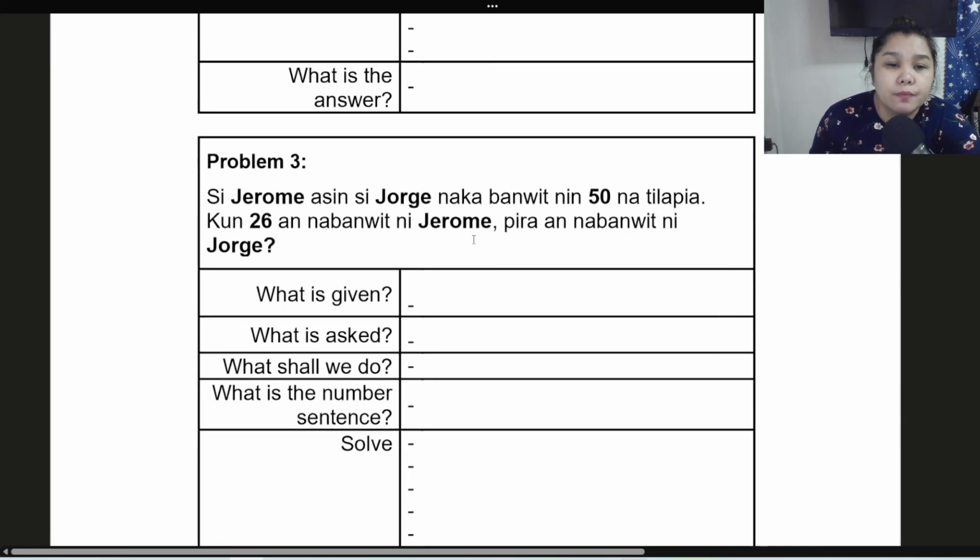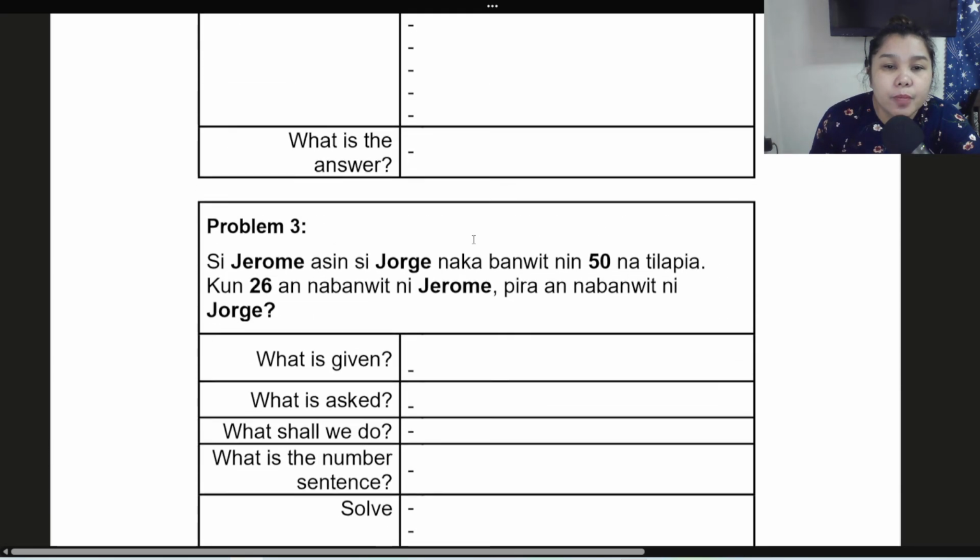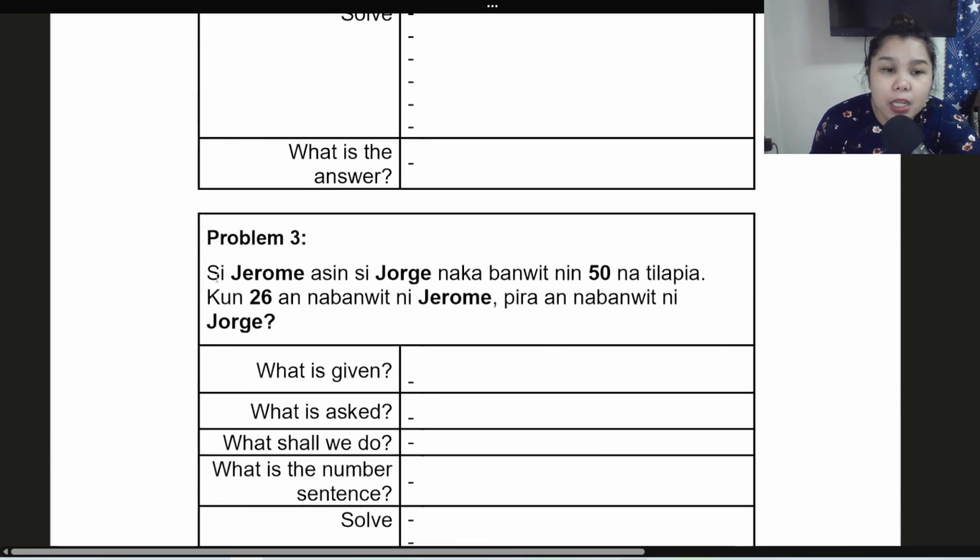And then, for problem 3, Jerome and George caught 50 tilapia. If Jerome caught 26, how many did George catch?